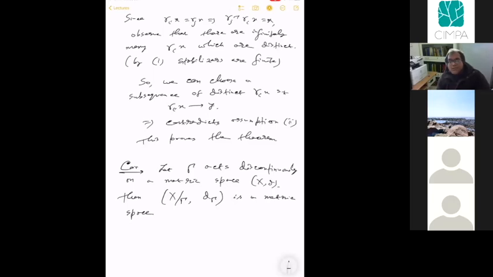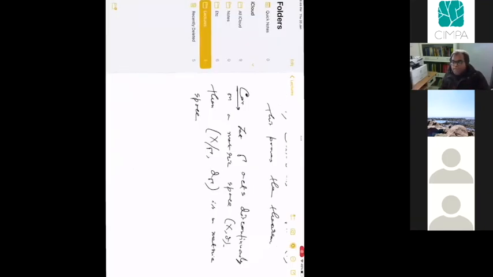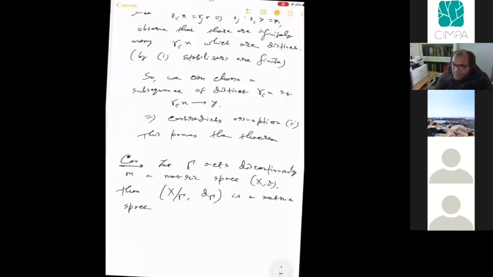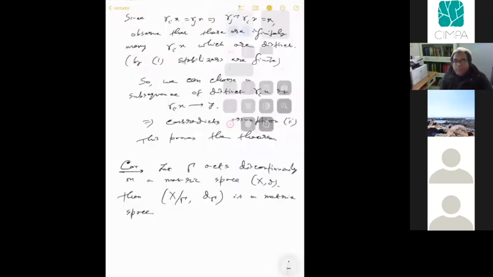Yeah. So now one question maybe that I should, sorry, I just close the rotation here somewhere. Yeah. Okay. So now we know that X mod gamma is a metric space. Okay, and we have the quotient map.